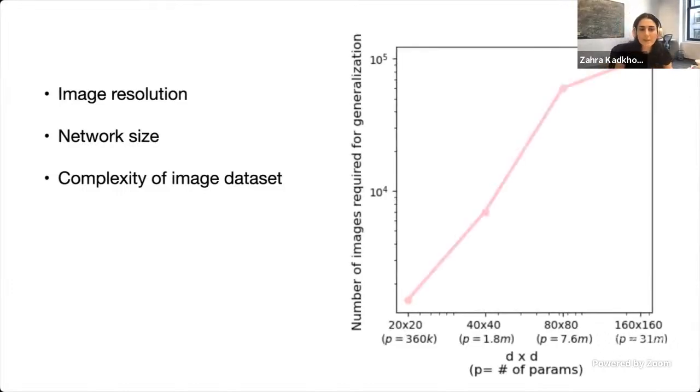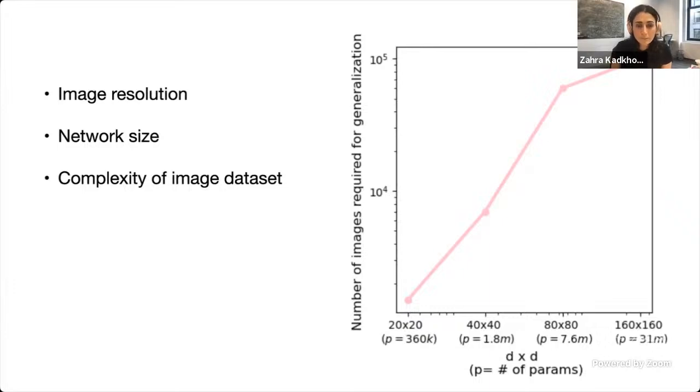So here is a preliminary result on the relationship between the training set size needed for generalization on the y-axis, and on the horizontal axis, both the image resolution and the network size in terms of the number of parameters. They're growing together with a factor of 4.